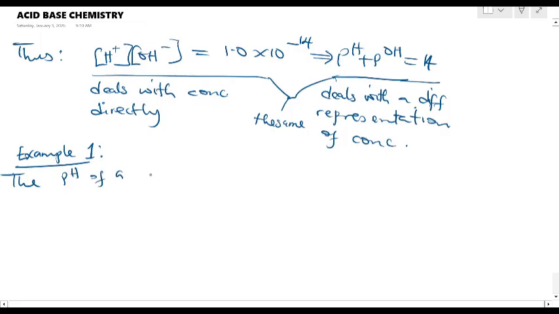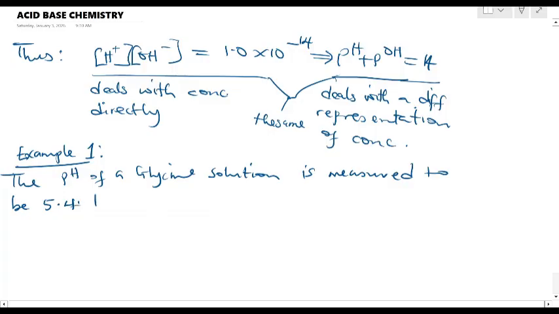The pH of a glycine solution is measured to be 5.4. The question is, what is the hydroxide ion concentration in the solution?